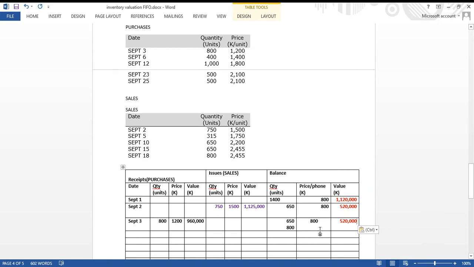800 at 1,200, we get 960,000 here. And so now we have to find the average cost.